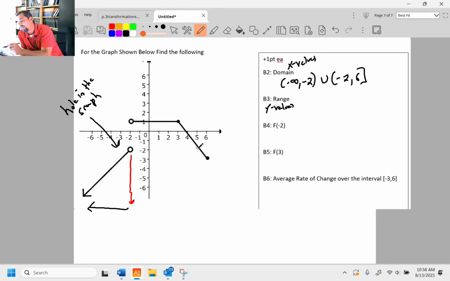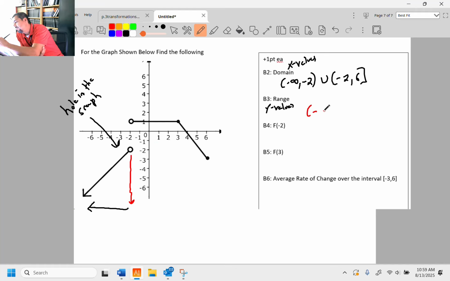But I also have to look over here. Does the function actually have a y value of negative 2? It does. It goes all the way up here, and you might see a hole and be like, okay, y can't be 1. But this piece of the graph is suggesting that y can be 1. So its range is actually negative infinity all the way to a value of 1.